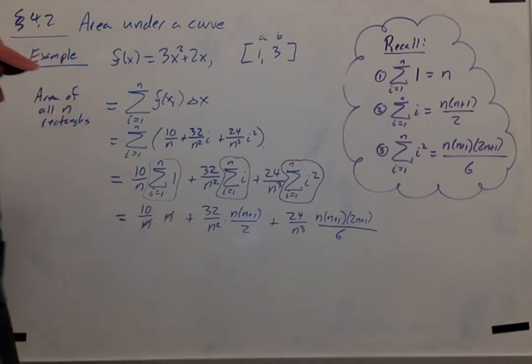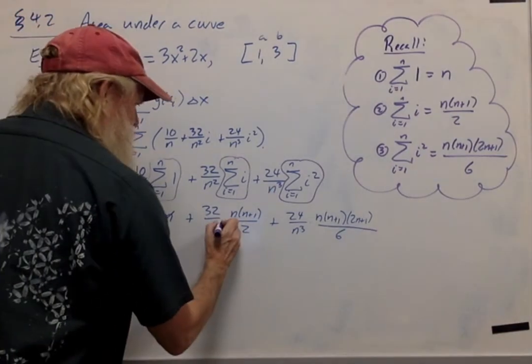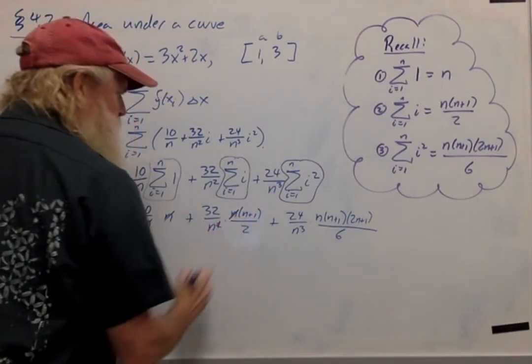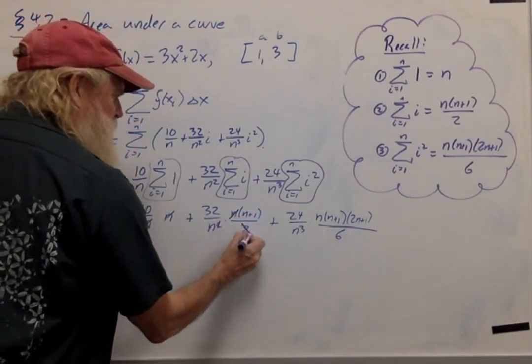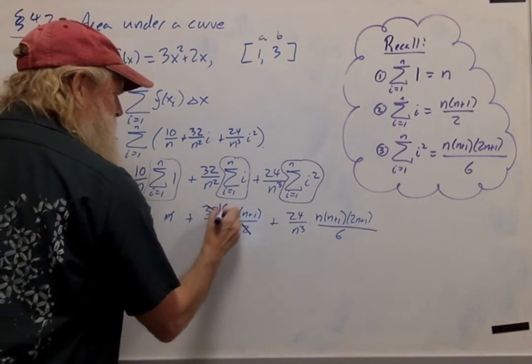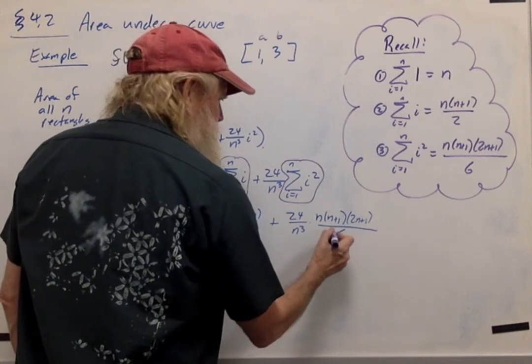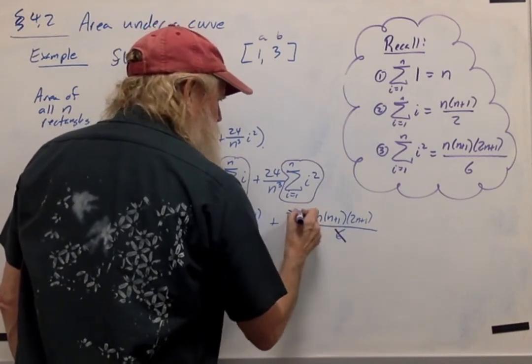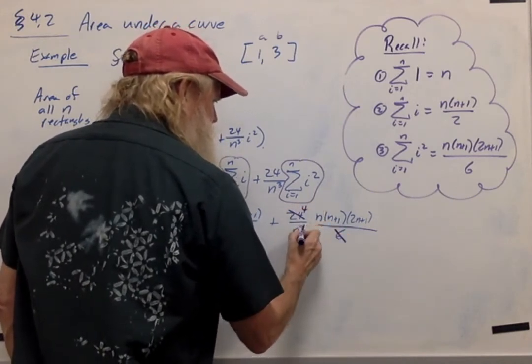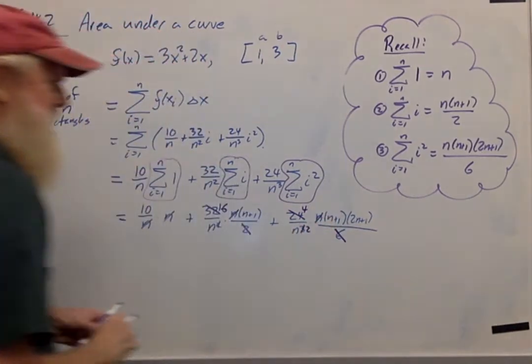Simplifying a bit, the n's cancel here. Here I can cancel one of the n's from top and bottom, and I can also cancel a 2 from top and bottom. That leaves me with the 16 on top. Here at the end, the 6 goes into 24 4 times, and I can cancel one of the n's.